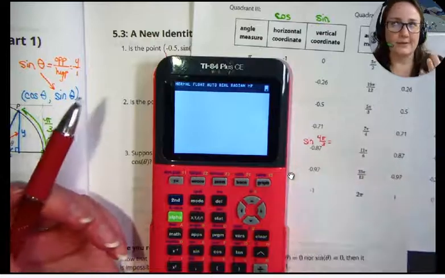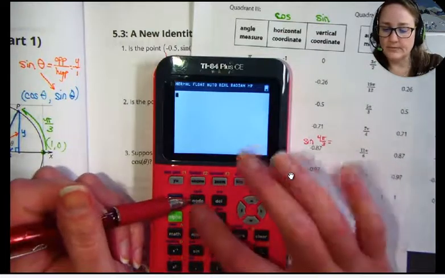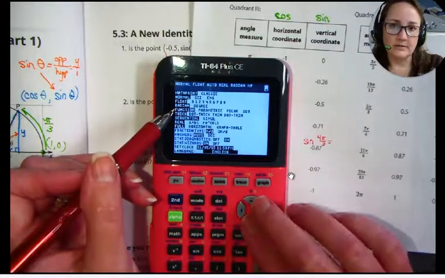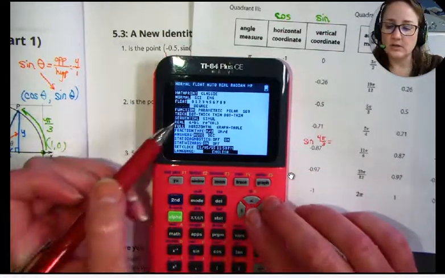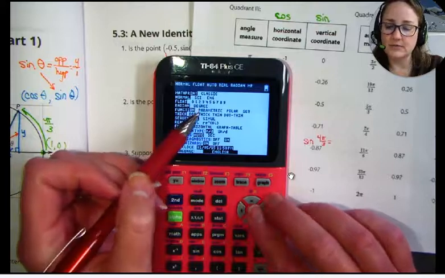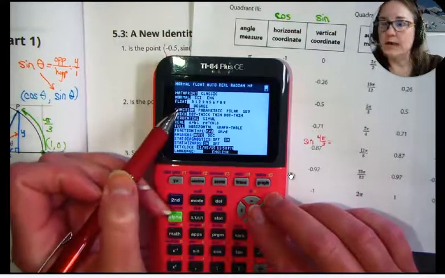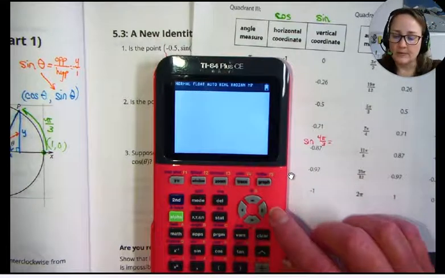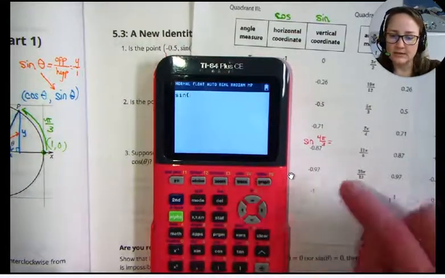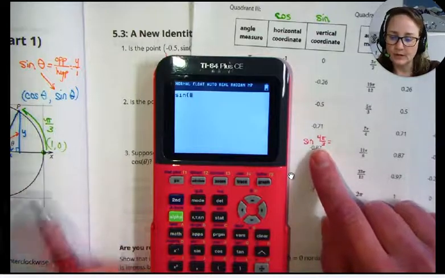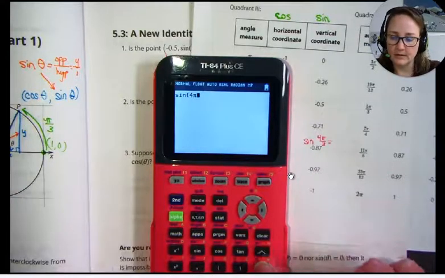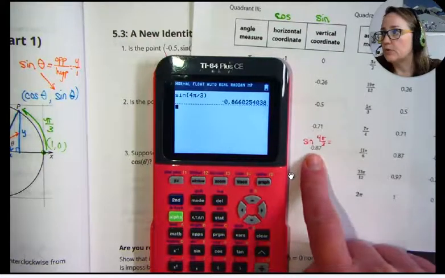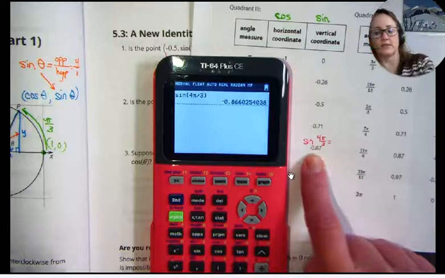This is a third way, essentially, to go about doing it. First of all, check that your mode is in radians. If you have a scientific calculator, if it says deg at the top for degree, you need to put it in rad mode. So find the mode for radians. And then we want to think, is the sine of 4 pi over 3 there, that negative 0.87 that is on our chart.